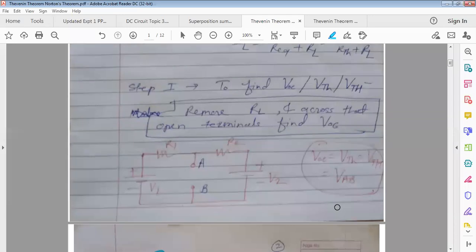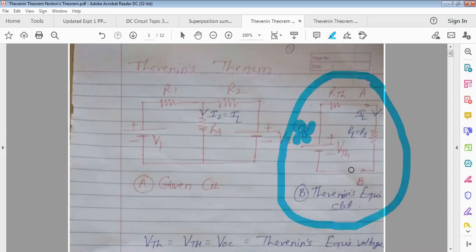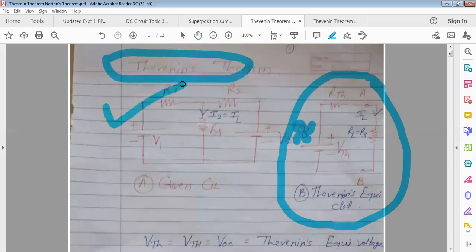Okay, see here, I have represented the equivalent circuit. The circuit on your right hand side, according to this theorem, is the Thevenin's equivalent circuit of the given circuit. Whatever the given circuit, its Thevenin's equivalent circuit structure is the same: VTH in series with RTH in series with RL, current flowing is IL.